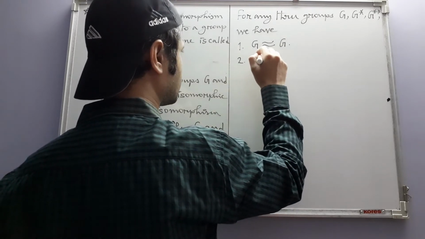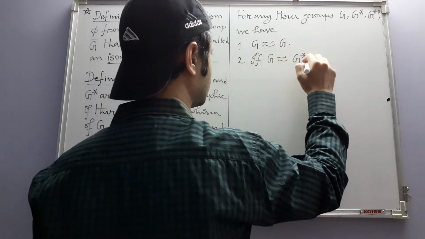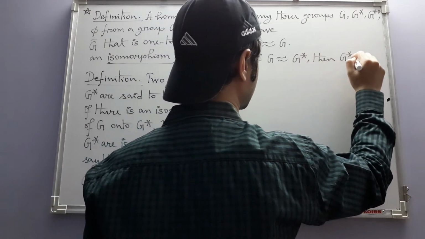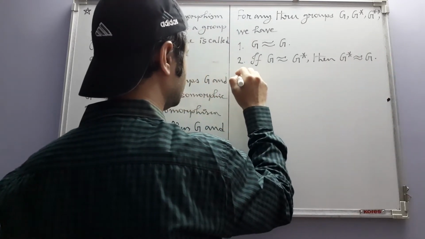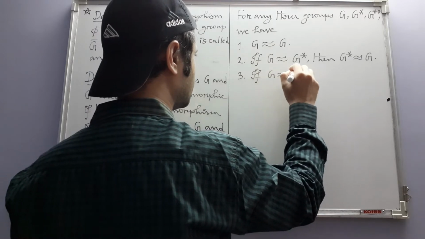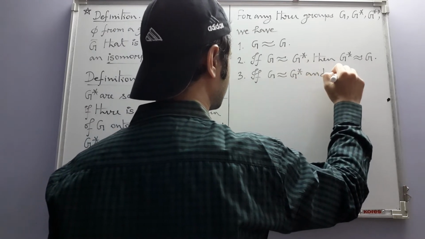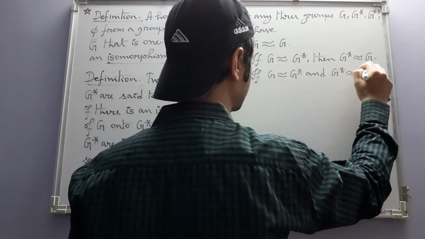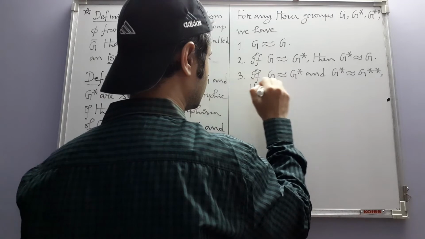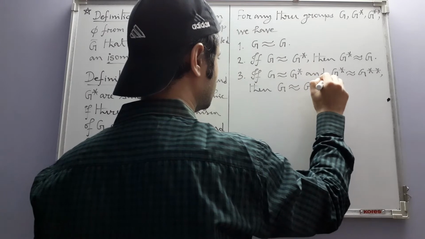Number 2, if G is isomorphic to G star, then G star is also isomorphic to G. And number 3, if G is isomorphic to G star and G star is isomorphic to G double star, then G is isomorphic to G double star.